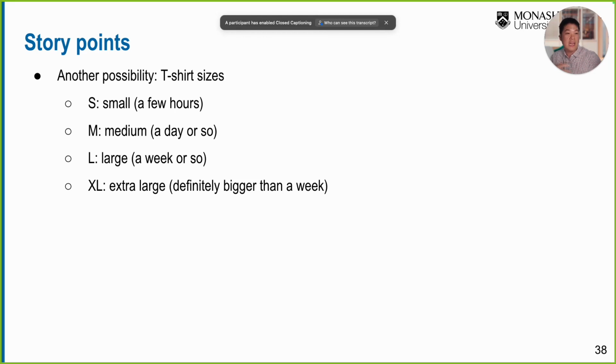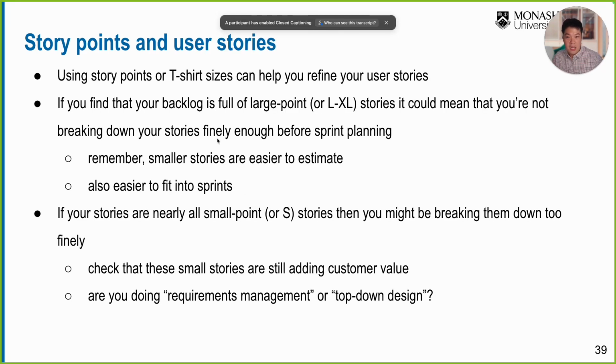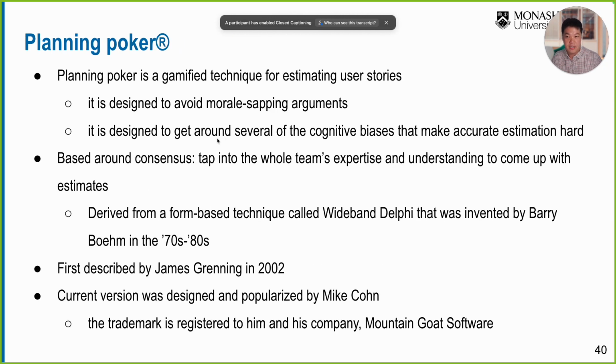Small means that we only take a few hours, 2 to 3 hours to complete. Medium means that it takes a day or so. And large means that it can take a week to complete, right? Extra large can be more than a week to complete. So that's a bigger one, okay? That's t-shirt size estimation, okay?